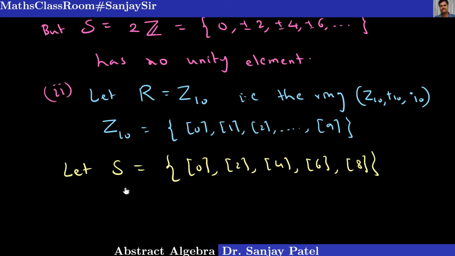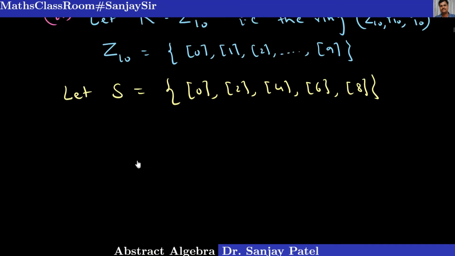Then with respect to the same operations, we can prove that it is a subring of the ring Z10. What you can do here is prepare the table for the same operations, plus 10 and dot 10.